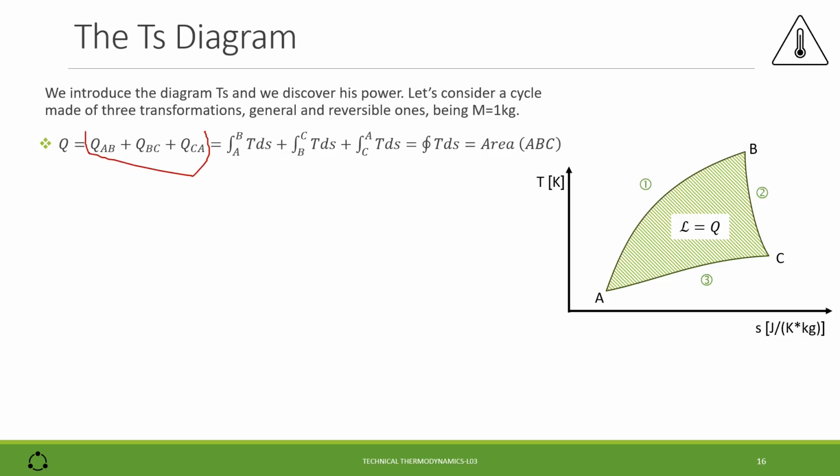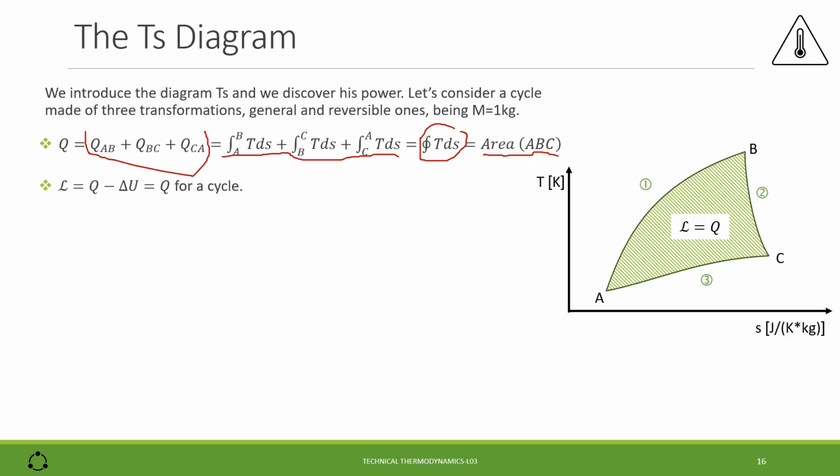And this we can express as integral from A to B of TdS and the same for BC and for CA. Altogether, this is a cyclic transformation and we can recognize that it corresponds to the area ABC.